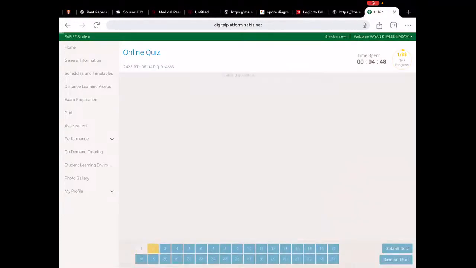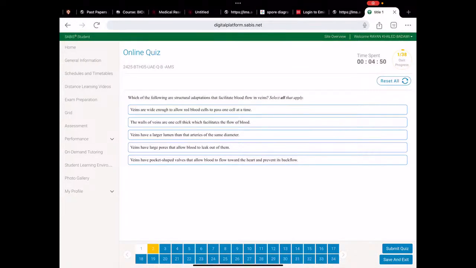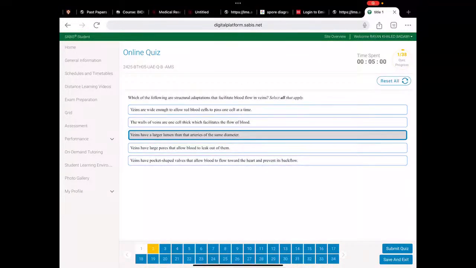Okay, perfect. So now about veins. The first one is wrong. Of course, they're not one cell thick. Arteries are one cell thick. They do have a larger lumen, okay? And they also have pocket-shaped valves that prevent backflow.